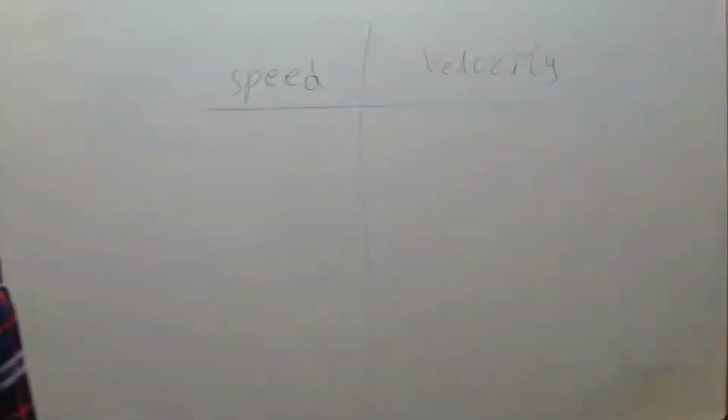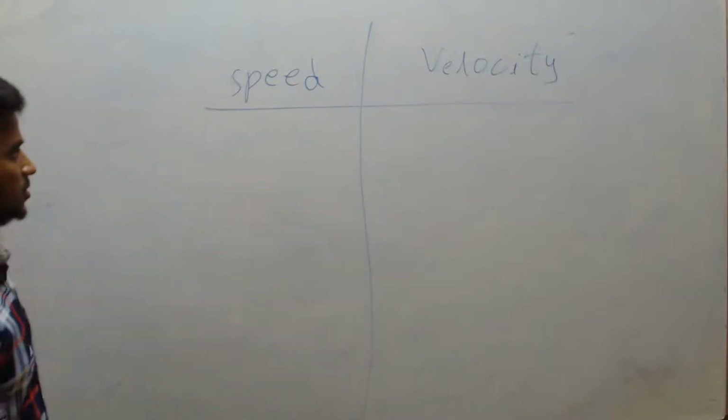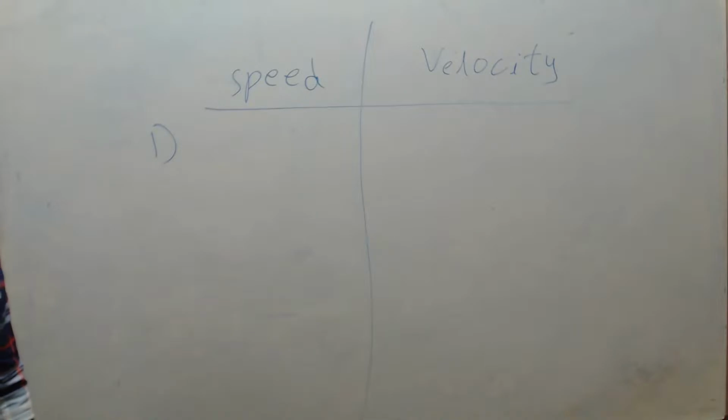First, what is the definition of speed? Speed is the distance covered by a moving object in a given time.